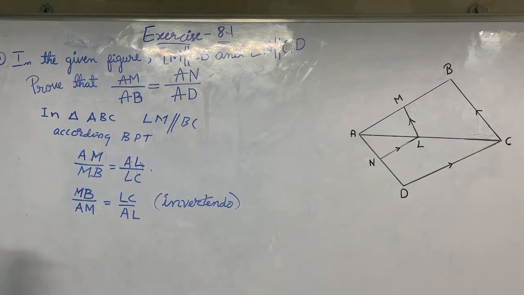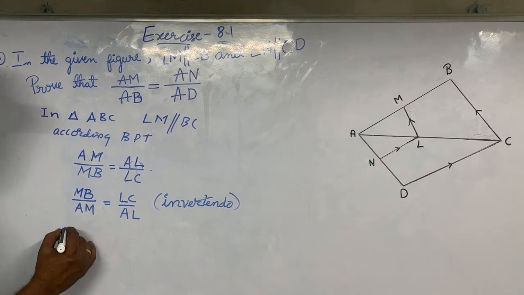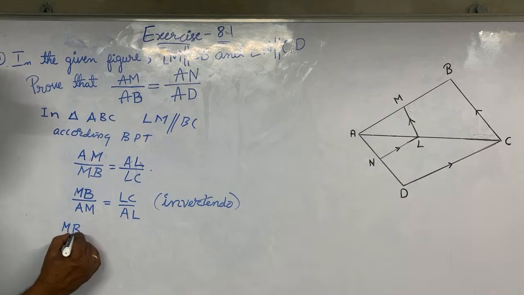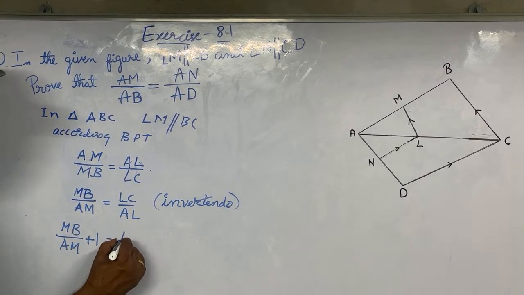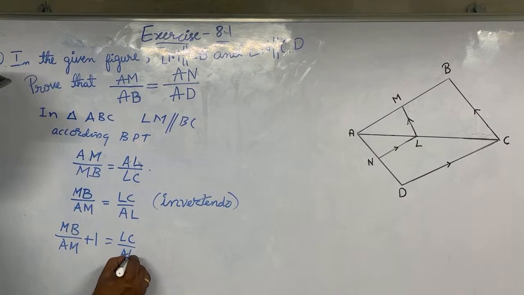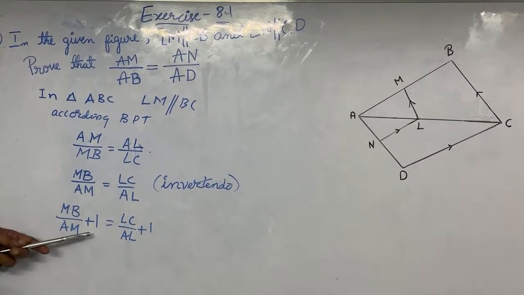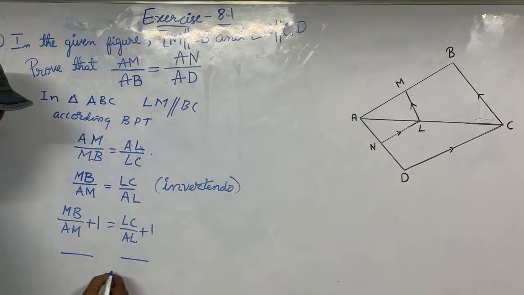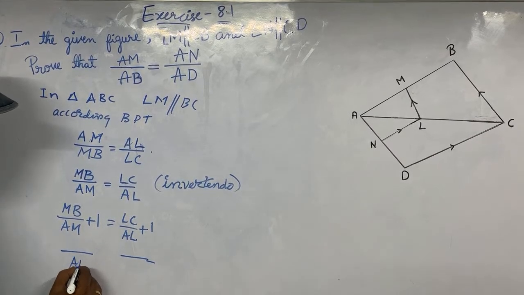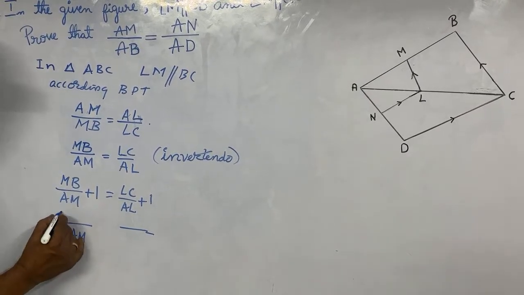Okay, we did invertendo. Thereafter, we are not stopping; one more step we are doing here. MB by AM plus 1, I am adding 1 on either side. Because it is looking like a fractional formation, I have to take the LCM on both sides. Here the LCM is AM. So here AM by AM is 1, 1 into MB, MB.